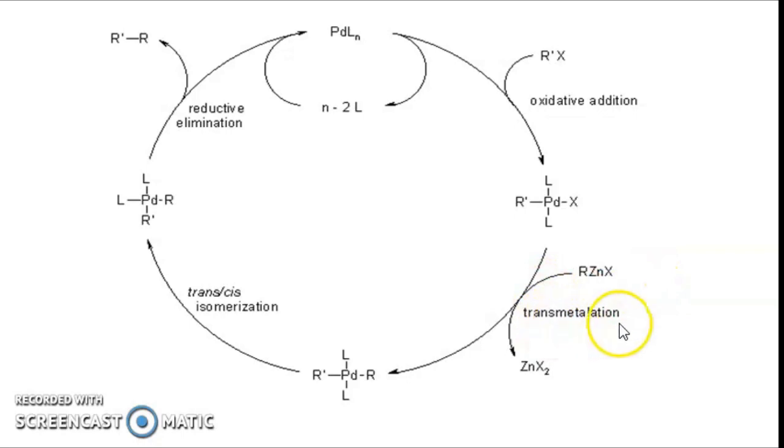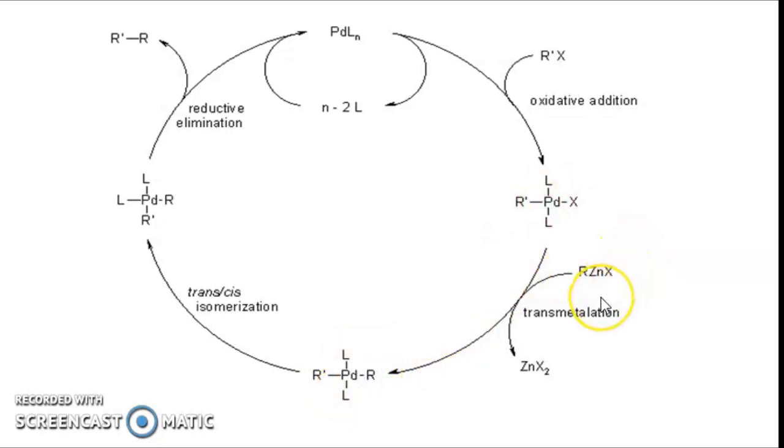The next step is the transmetallation step, wherein the organometallic compound joins in. In the transmetallation step, there is transfer of the alkyl group from the organometallic compound to the transition metal.